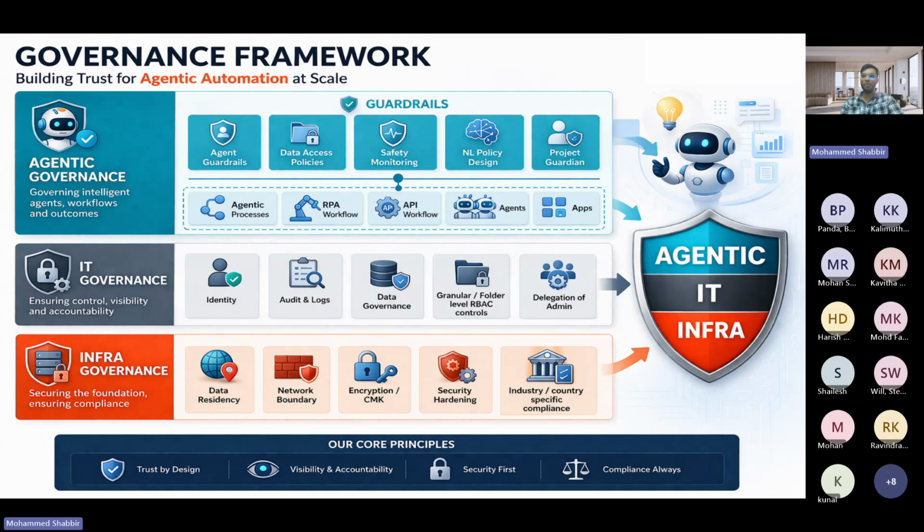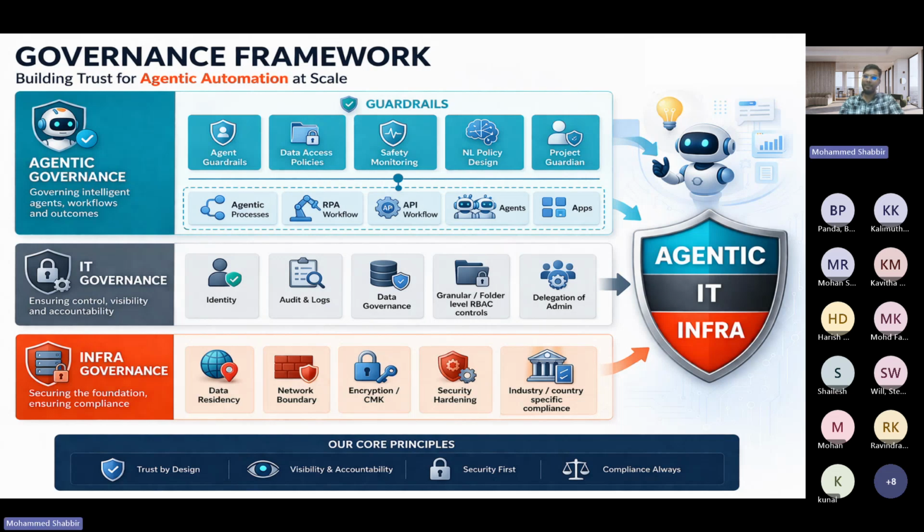This is similar to setting boundaries in AI Center, and you can even set these boundaries in Autopilot. We have Autopilot, right? There also we can set up what it can do and what it cannot do. It's like setting up boundaries for an individual: he can do this and he cannot do this. Same thing we are setting up in the agents also.